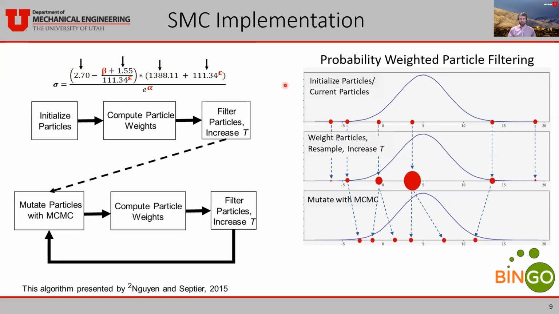Then each of those particles is evaluated with respect to the data and a likelihood function that's used to compute a weight for each particle. And then that set of particles is resampled to create another set, or the particles are filtered, and those filtered particles are mutated with a Markov chain Monte Carlo simulation. From there, the SMC loop repeats again.